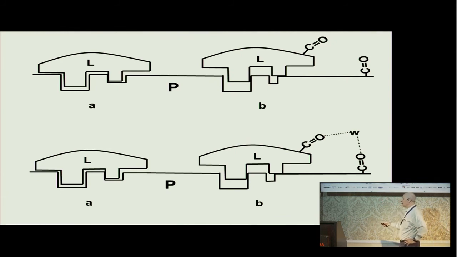However, if there are two hydrophilic groups that can be water bridged by a water molecule, then this effect can increase the binding free energy by a factor of about minus 2.5 to 3 kilocalories in favor of this configuration, or in favor of this site.